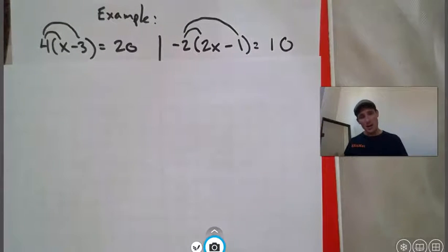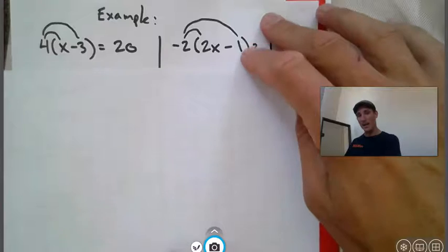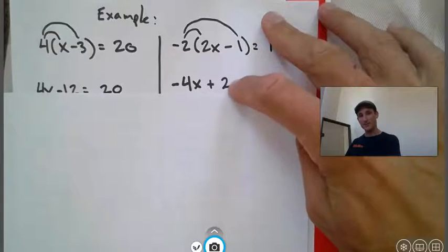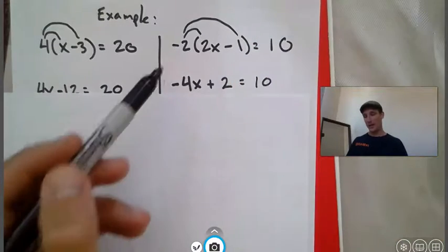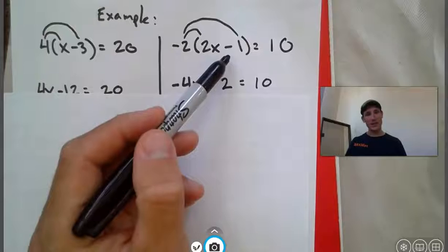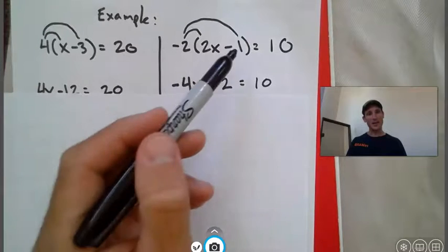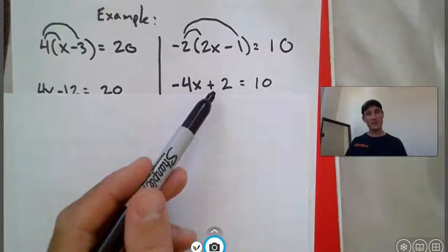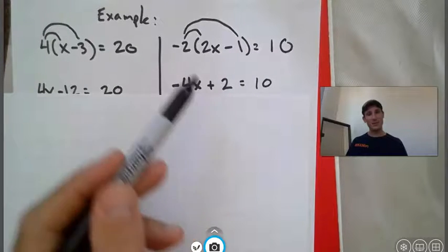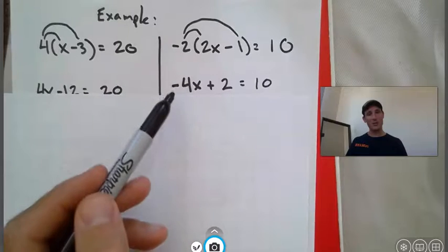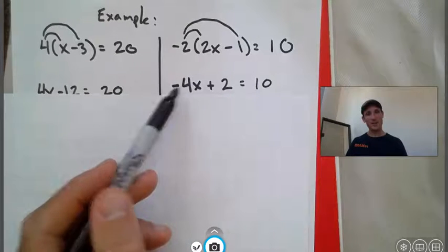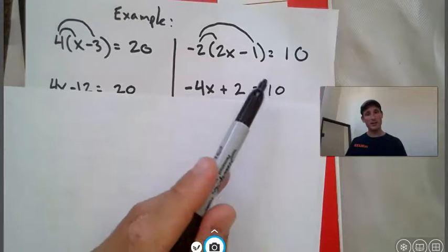Negative 2 times positive 2x, negative times a positive, that's going to give me negative 4x. Negative 2 times negative 1, negative times a negative is a positive, positive 2. So when I distribute the negative 2, I simplify to negative 4x plus 2 equals 10.